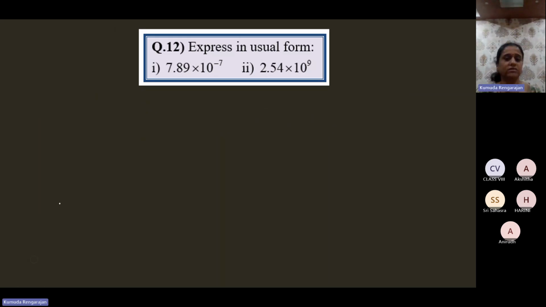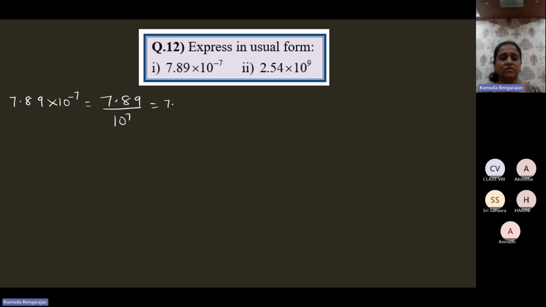Let me explain again. See here. The given expression is 7.89 into 10 to the power minus 7. First step, 7.89 divided by 10 to the power 7. 10 to the power minus 7 is in the numerator. Write it in the denominator. Minus 7 becomes plus 7.